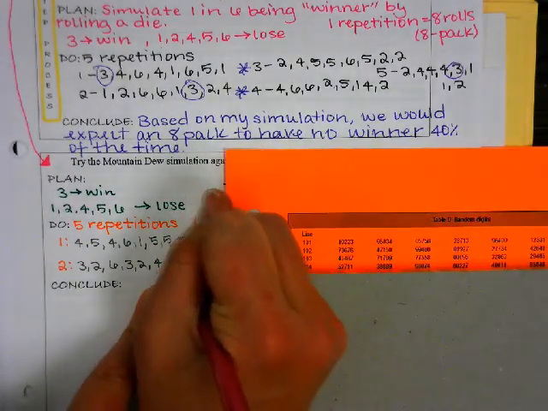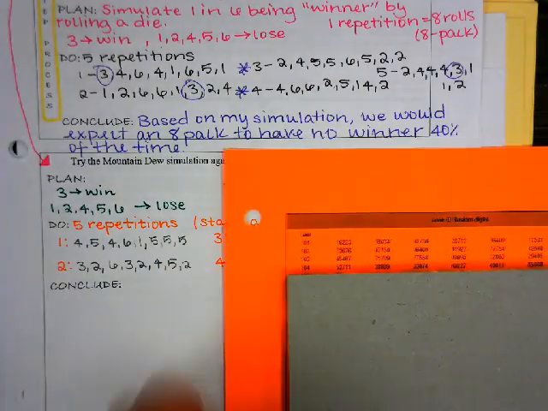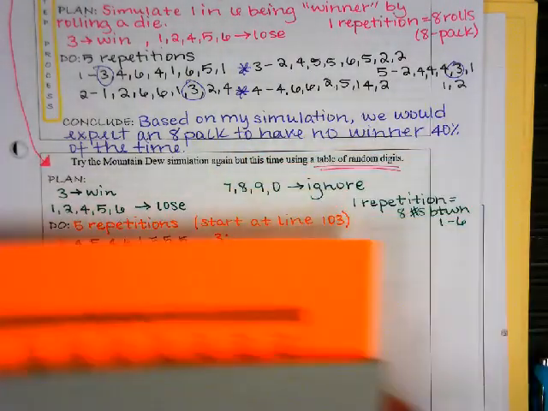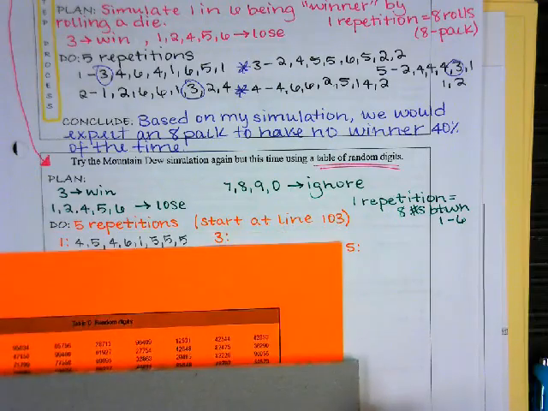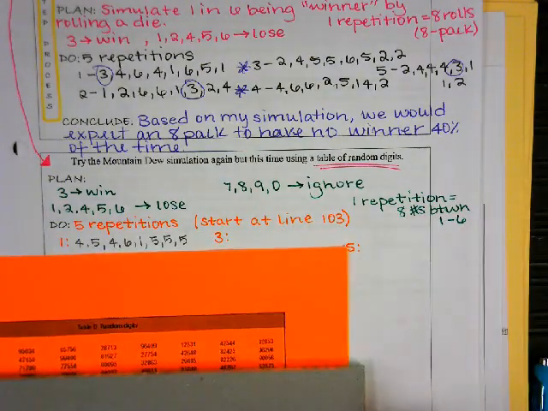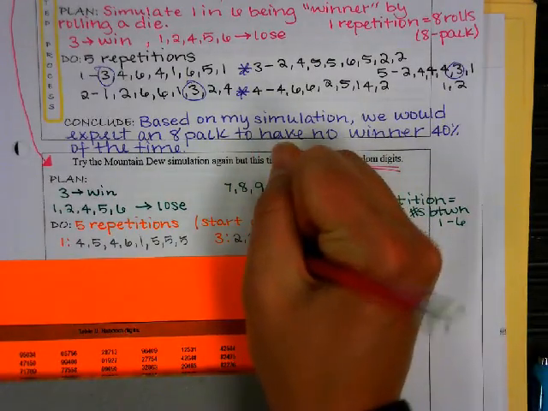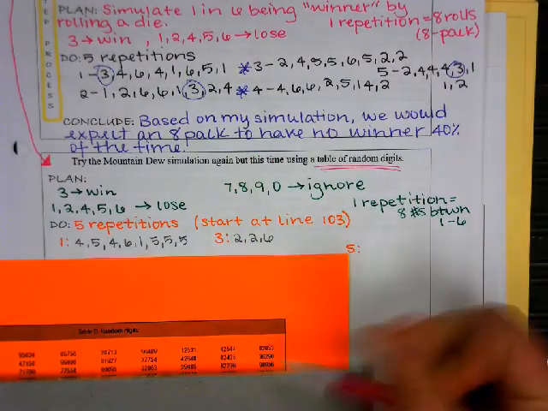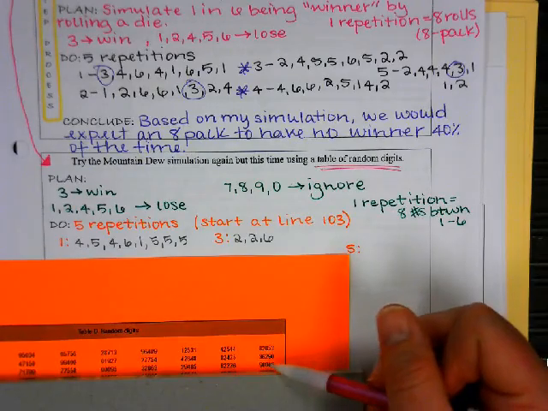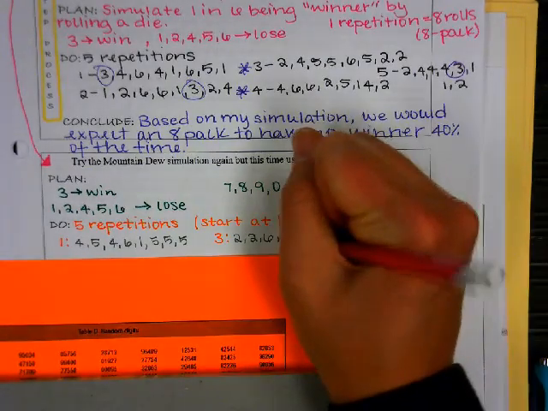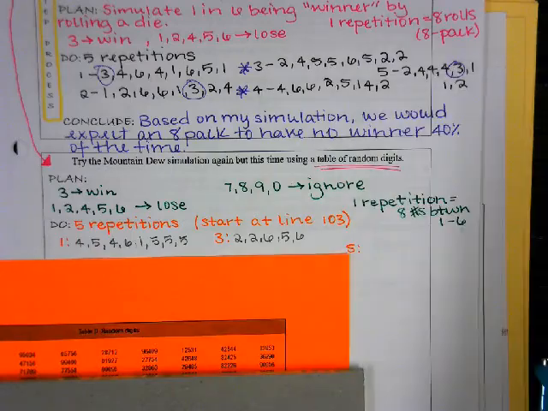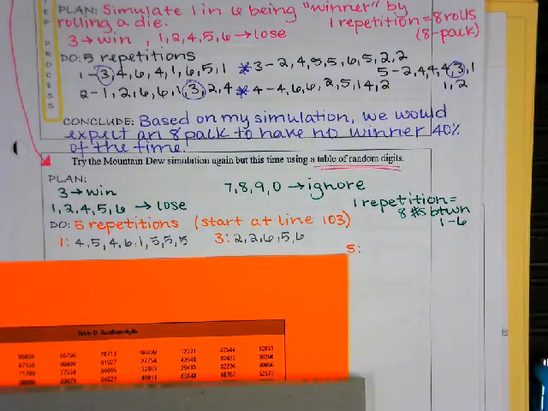So there's my next repetition. Then I have 2, 2, 6. 9, I ignore. 0, 0, I ignore. Then I have 5, 6. And that's the end of line 103, so then I'm going to go down to 104.